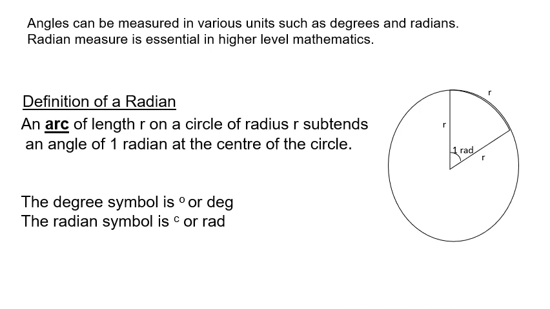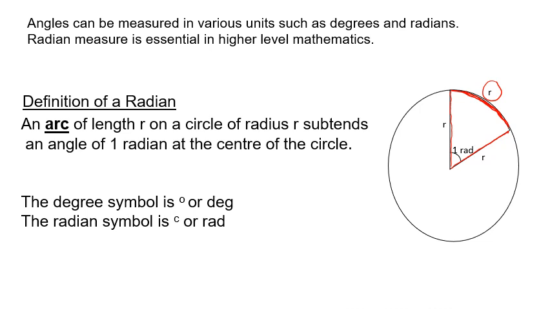So if you look at the picture here, I've drawn a sector into the circle, and I've labelled the radii with the letter r. So you've got a radius here, which is length r, and then another radius there. Now if we open up that angle to the perfect size so that this arc length is also exactly the same as r, then we have created what's called 1 radian.